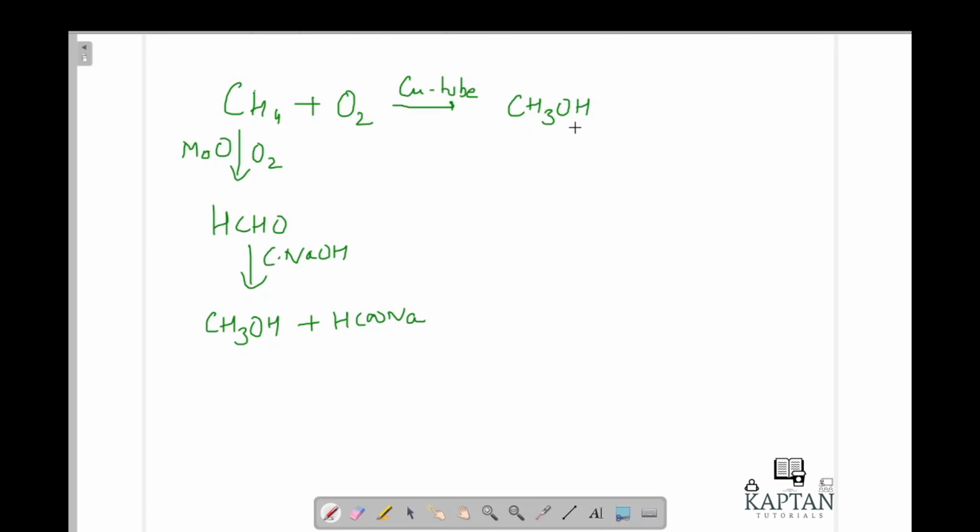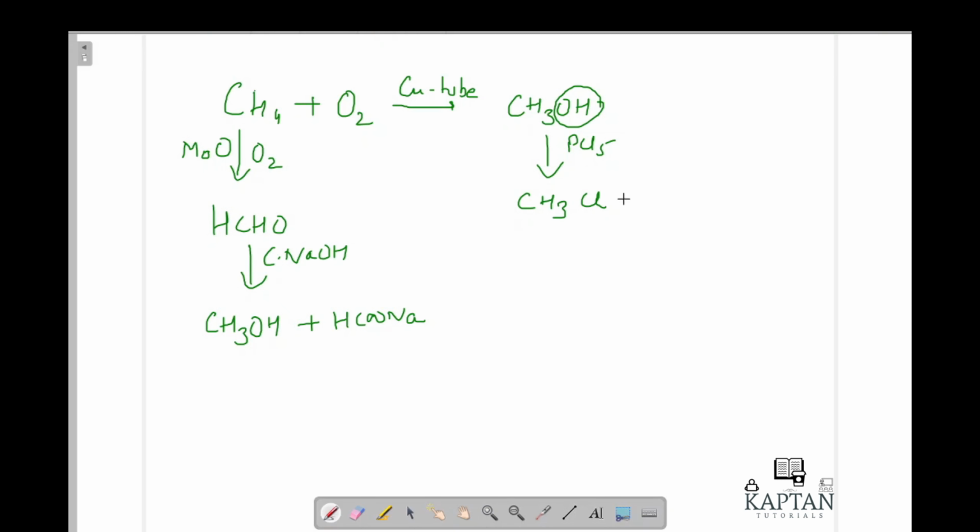Now this methanol, in the previous video and on the previous page we have studied, this OH group, if I want to change it, then again I can use a reagent. I think you have remembered that it is PCl5. Then it will change into CH3Cl.